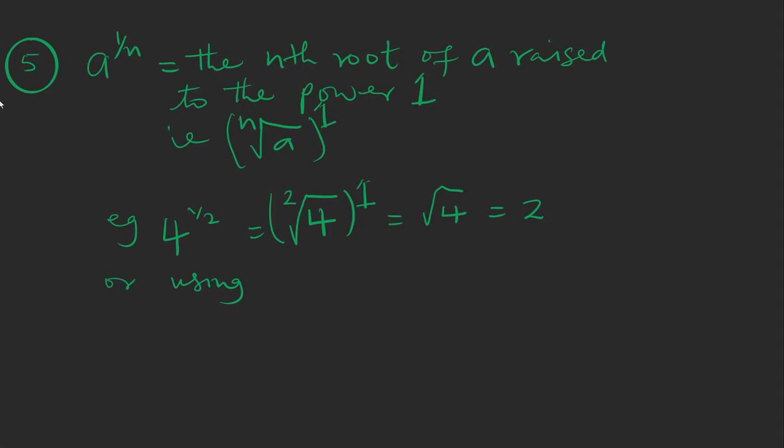For you to understand very well, using rule 1, an example is 6 raised to the power half times 6 raised to the power half is equal to 6 raised to the power half plus half, which becomes 6 raised to the power 1, which is equal to 6.